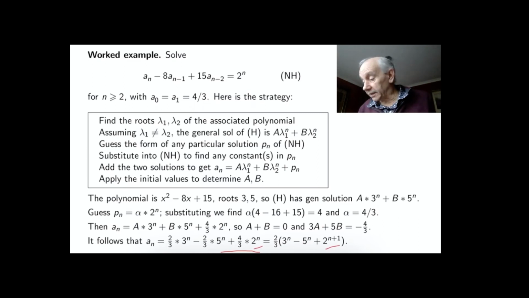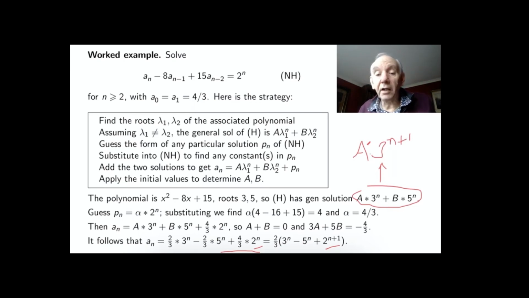Which reminds me to say something. I've written here that the general solution is a times 3 to the n. I could equally well have said a prime times 3 to the n plus 1, because changing the power here is just changing the constant. So the fact I put 3 to the n, I could have called that 3 to the n plus 1 if it were convenient to do so.